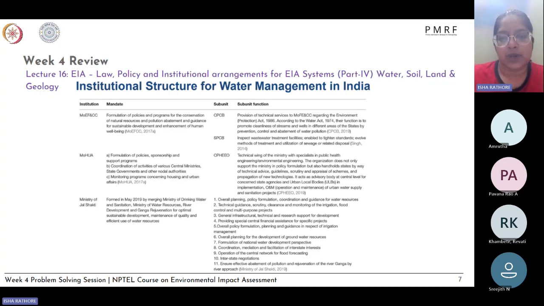So if you remember, we need different environmental clearance from these bodies when a proposal or a site is proposed for development. So it looks up at the kind of impact it's going to have. Then we have the CPHEEO, which again looks up at public health engineering and environmental engineering. So it has specialists in those areas. And it also looks up at giving technical advice, guidelines, scrutiny, and appraisal of schemes.